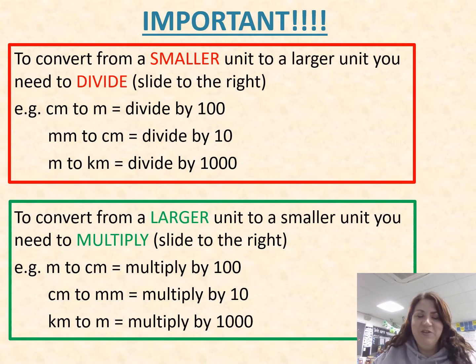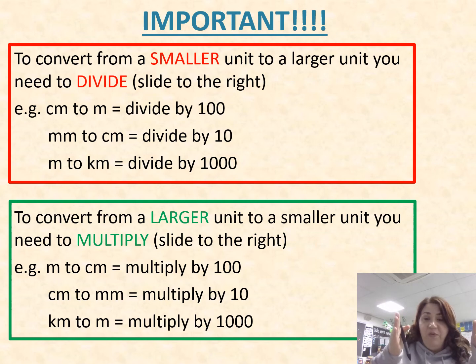Right. Do you remember we looked at these a lot yesterday? So to convert from a smaller unit to a larger unit, so if I want to change millimetres to centimetres, I need to divide. Okay, millimetres to centimetres, I divide. Or centimetres to metres, I divide. Or metres to kilometres, I divide. So if you start with the smaller and you want to find out the bigger, you divide.